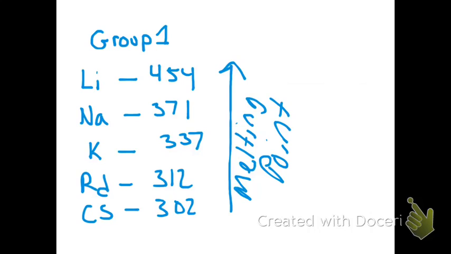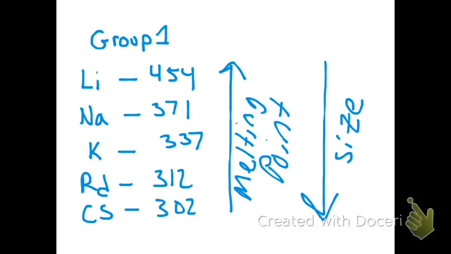Well, if you remember, as we go down group 1, the size of the element is getting larger. Because these metals are getting larger as we go down, the attractive forces between the nucleus and the delocalized electrons are reduced.